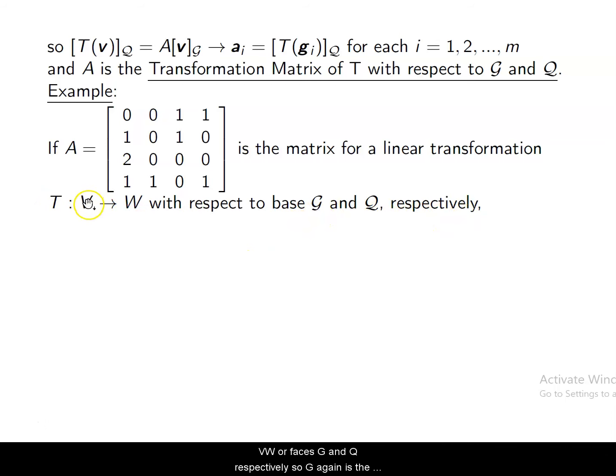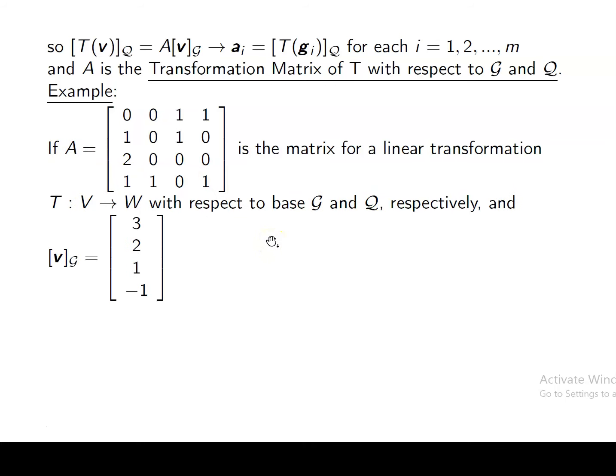So G again is the basis for V, Q is the basis for W, and A is the transformation matrix that takes a vector in the representation of G and transforms it into a vector in the representation of Q. Okay, it's not going from G to Q, it's going from V to W, but from the representation of V into the representation of Q and W.